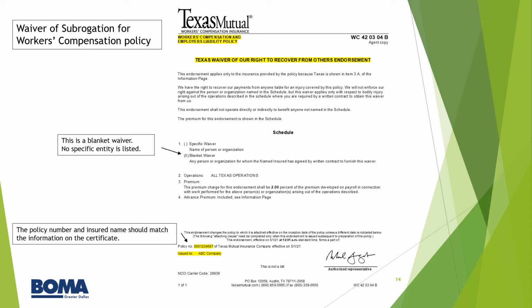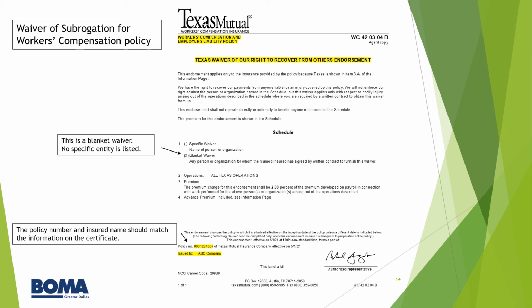The next example that I have is a waiver of subrogation on a workers' compensation policy. Most often, if your tenant or your vendor is doing business exclusively in Texas, Texas Mutual is the largest workers' comp carrier in the state. And so most often you're going to deal with Texas Mutual and their forms.